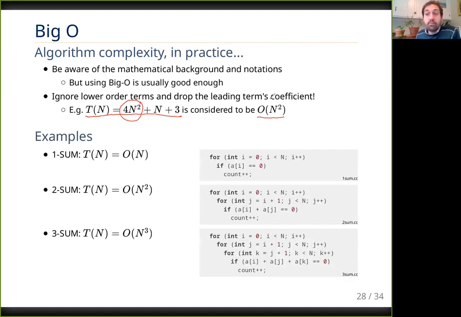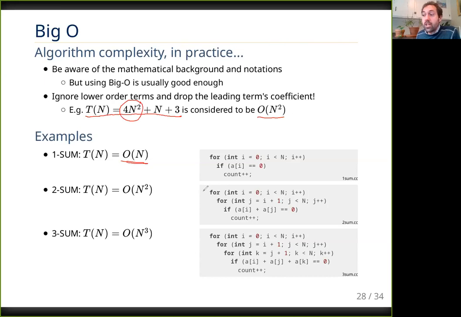So if we look at previous examples that we've studied in previous lectures, we see that the one sum, which has only a for loop from 0 to n, can be expressed as big O of n.